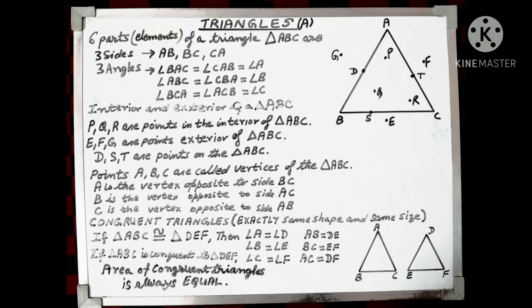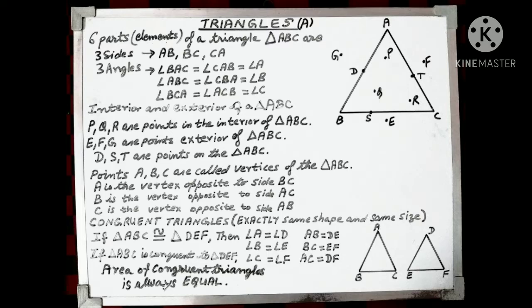As you can see on the board, I have drawn a triangle ABC on the top right. There are some points P, Q, R, D, E, F, G. What are all these? We'll discuss now. A triangle is any three-sided closed figure.